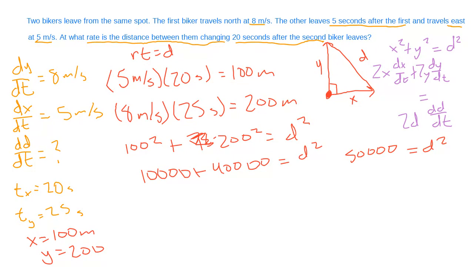Take the square root. Well, we can pull out 100 by dividing this by 10,000 and pulling that out, so that we have the square root of 100 squared times 5, which is 100 square root of 5, and that's going to be our d.